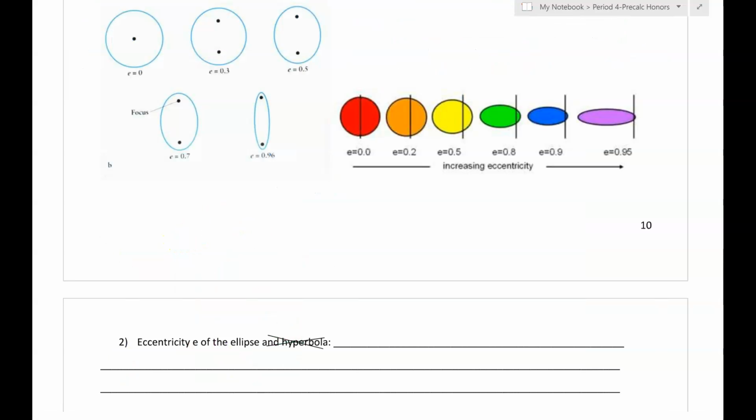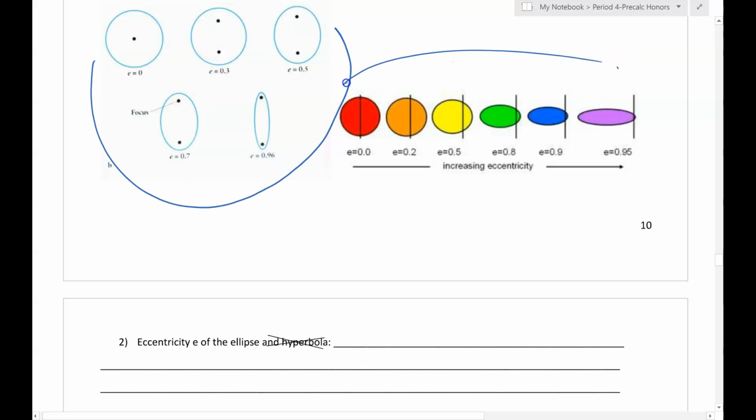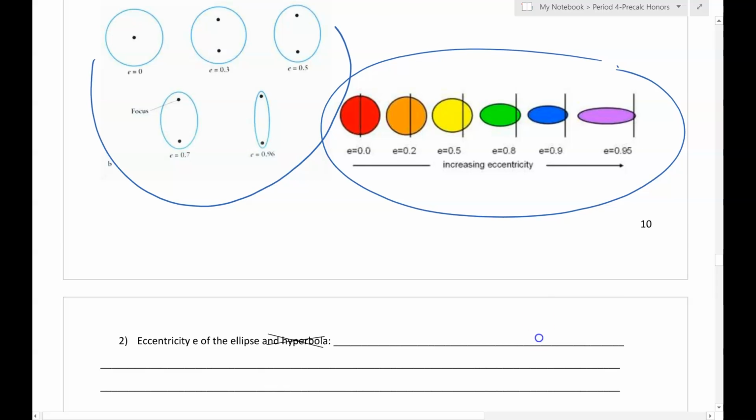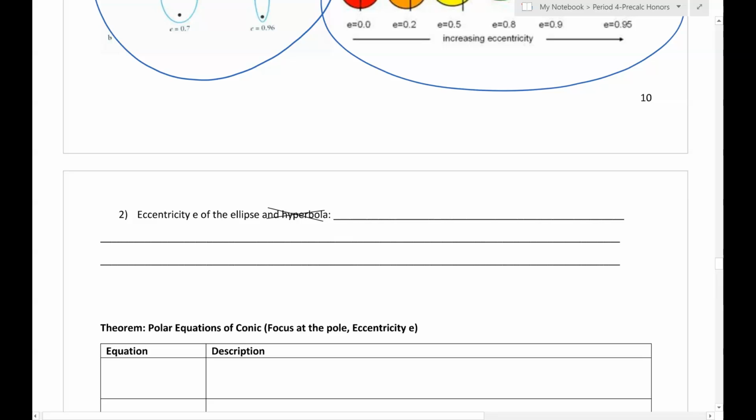Now, before we talk about these two shapes right here, let's define the eccentricity, E, of the ellipse below, so we can go back up and talk about those two shapes. So eccentricity, which is the value of E of an ellipse, and in years past we were also defining it for the hyperbola, just not this year, okay? For an ellipse, E is going to equal C divided by A. And what is C?